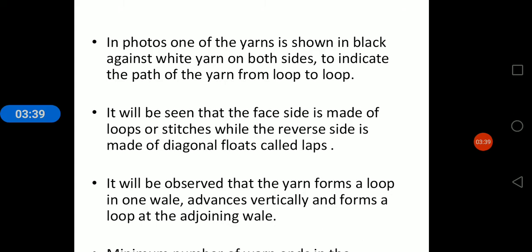It will be seen that the face side is made of loops or stitches, while the reverse side is made of diagonal floats called laps. The yarn forms a loop in one wale, advances vertically, and forms a loop at the adjacent wale.